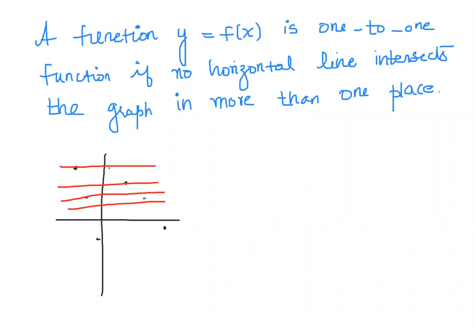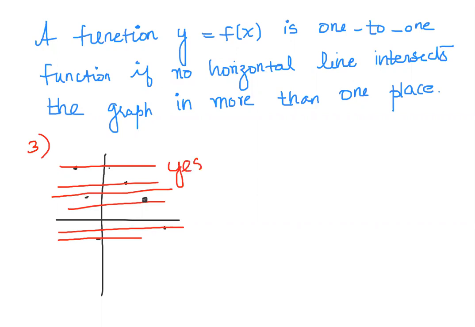None of them meet, it's supposed to be a little bit closer here. And this one here and this one here. And the graph does not meet the line more than once. So this is problem number 3. It is a one-to-one function. Let me show you the other one.